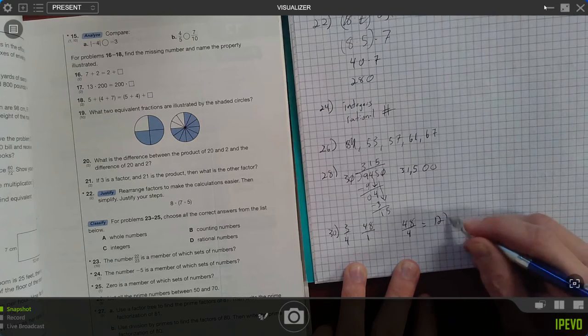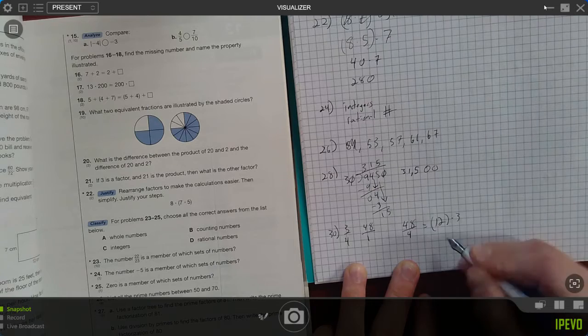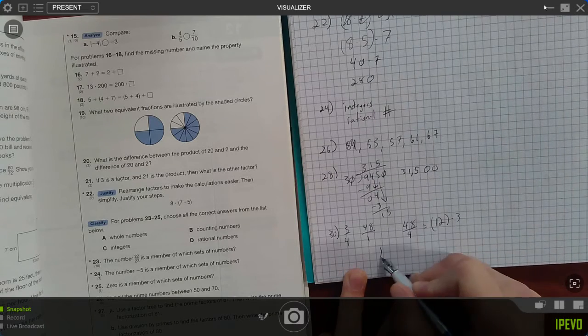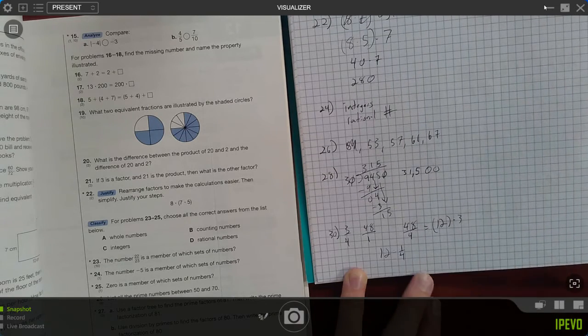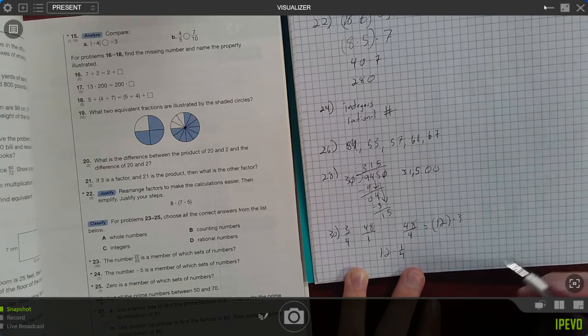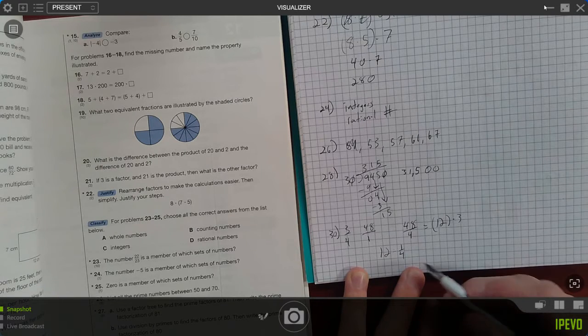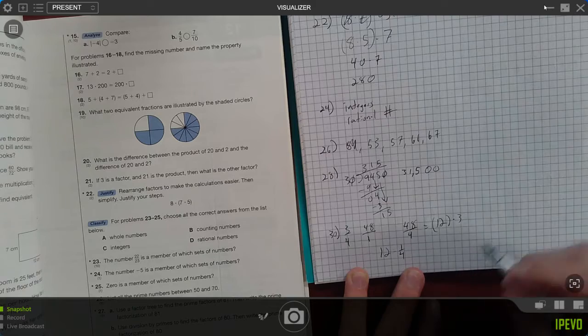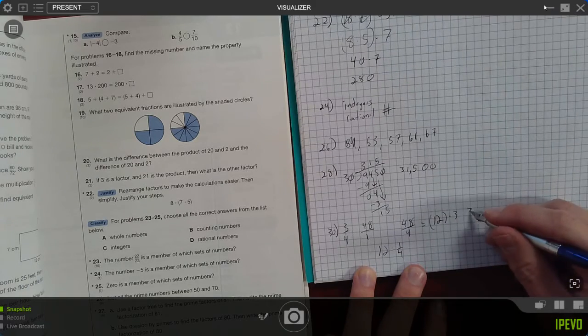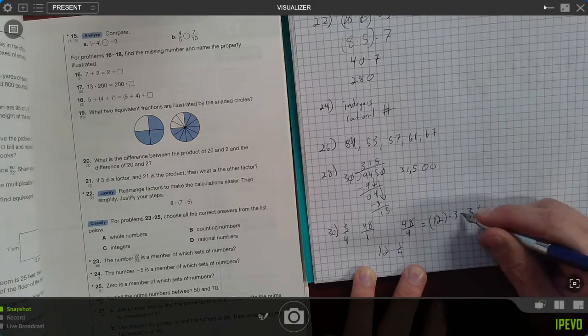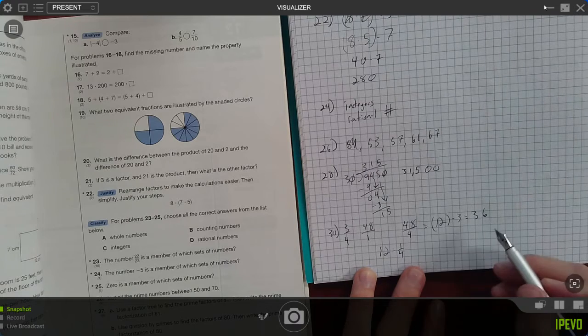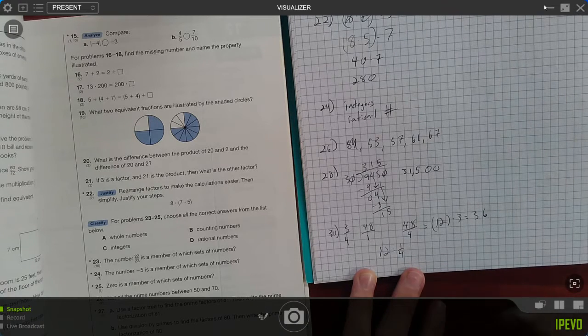And then 12 times 3. So 12 is 1/4 of 48. 12 times 3 is 36. Okay, so 36 is 3/4 of 48.